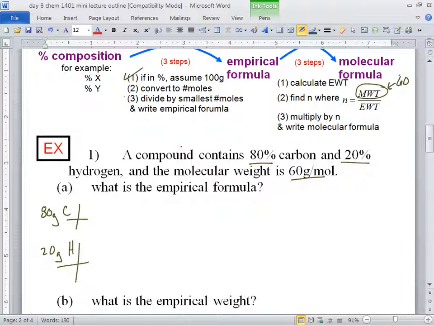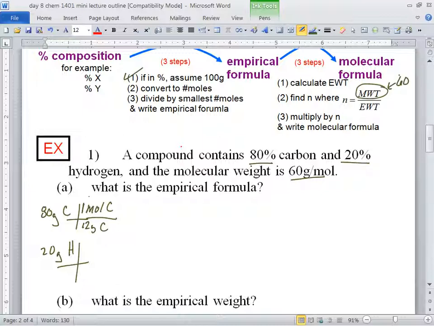So how do you convert to moles, Lorena? Like, look at the carbon one. Yeah, and it's going to be how many? 12. 12 grams of carbon and a mole of carbon. And remember, with molar mass, it's always a 1 in front of the moles.